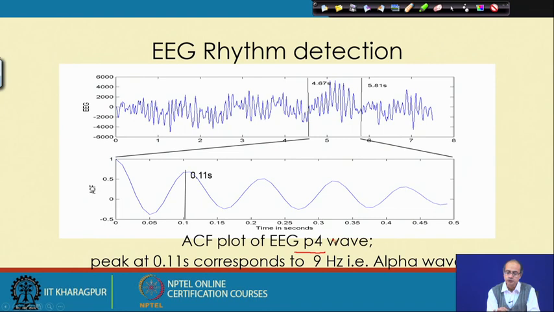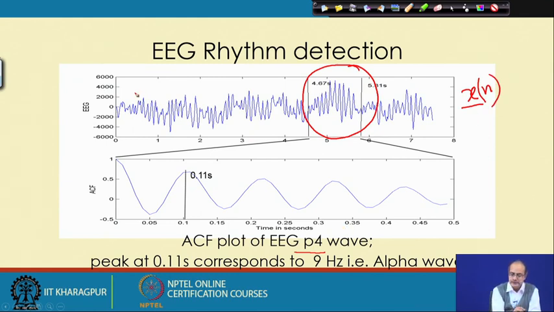So, what do we do? We take this part of the signal as x bar n, and the overall EEG signal of P4 we take as y bar n.